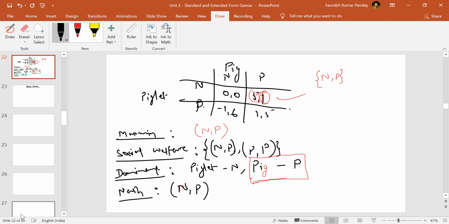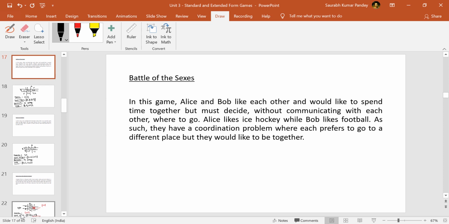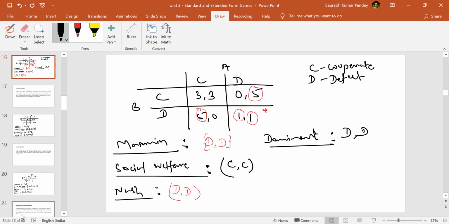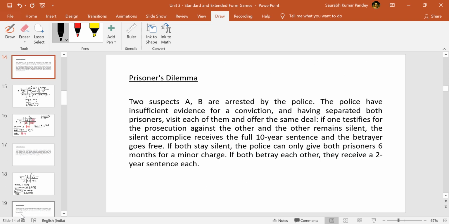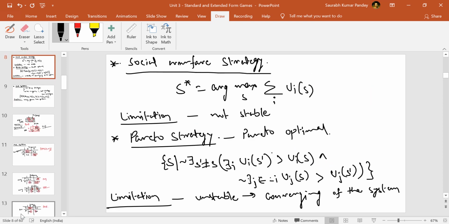Now before understanding Pareto optimality in a wider sense, let's first revisit what we studied in our Pareto optimality principle.